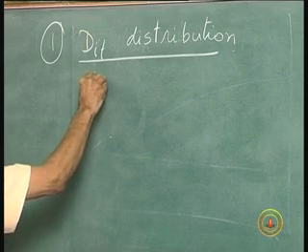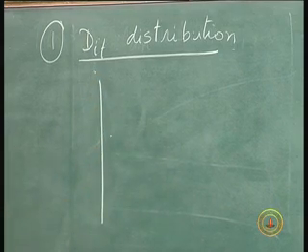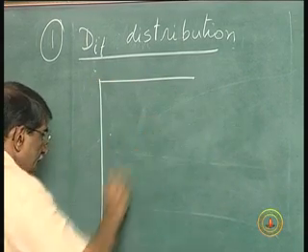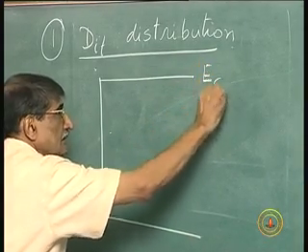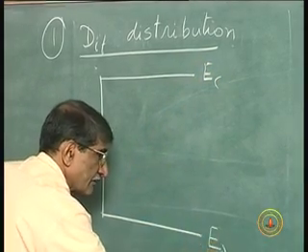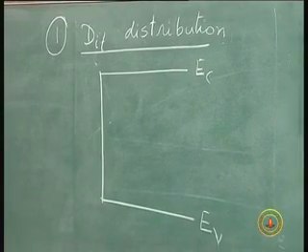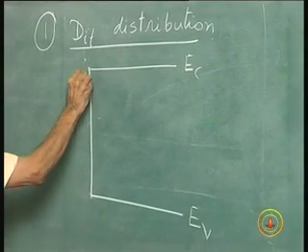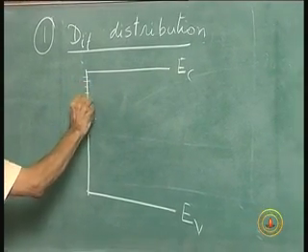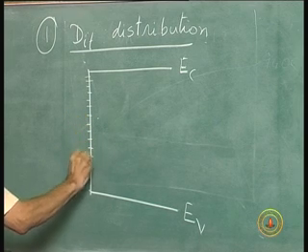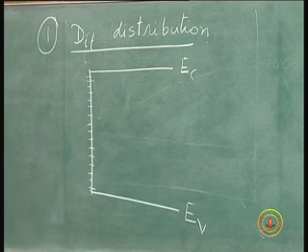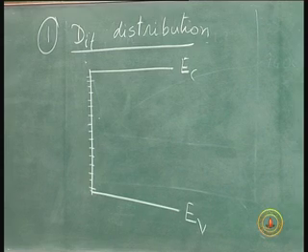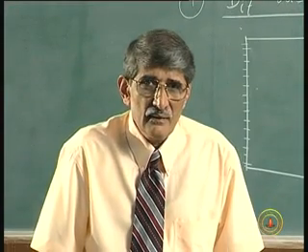We said on the surface, this is EC and this is EB. What we said is this interface density will be distributed all over the band gap, okay.